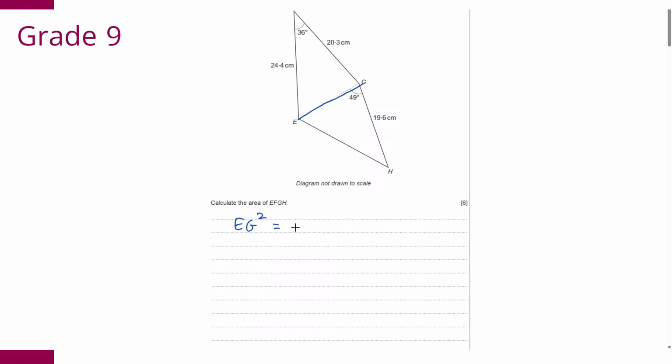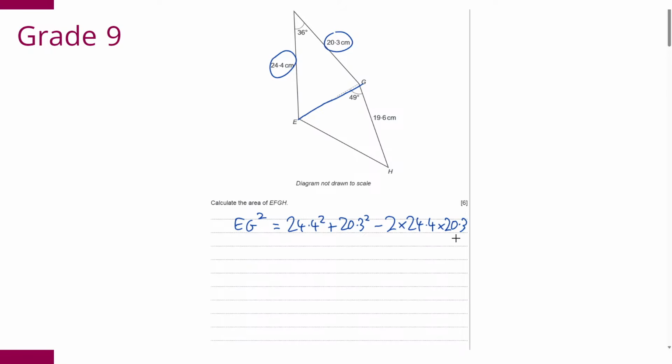EG squared equals 24.4 squared plus 20.3 squared. It can be in either order, it's just the two lengths, doesn't matter which way around. And then we've got minus 2 times the lengths, again either way around, times 20.3.